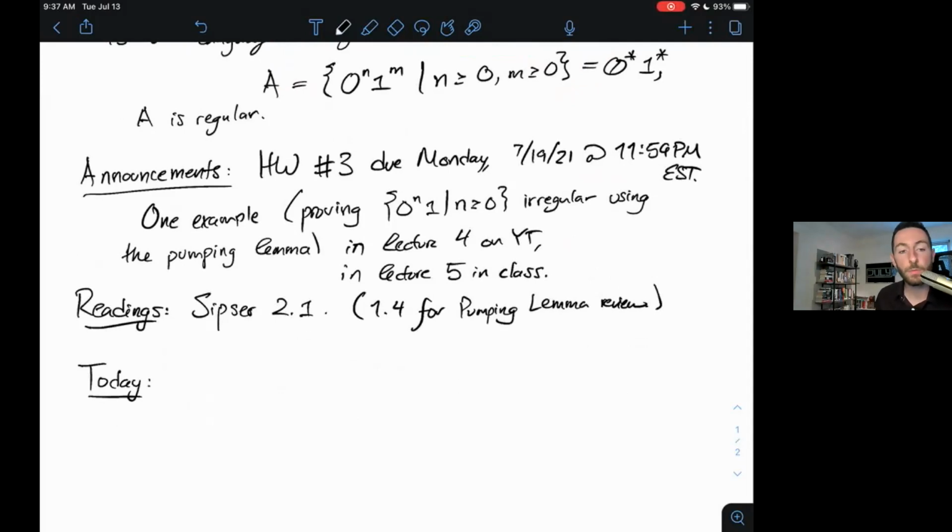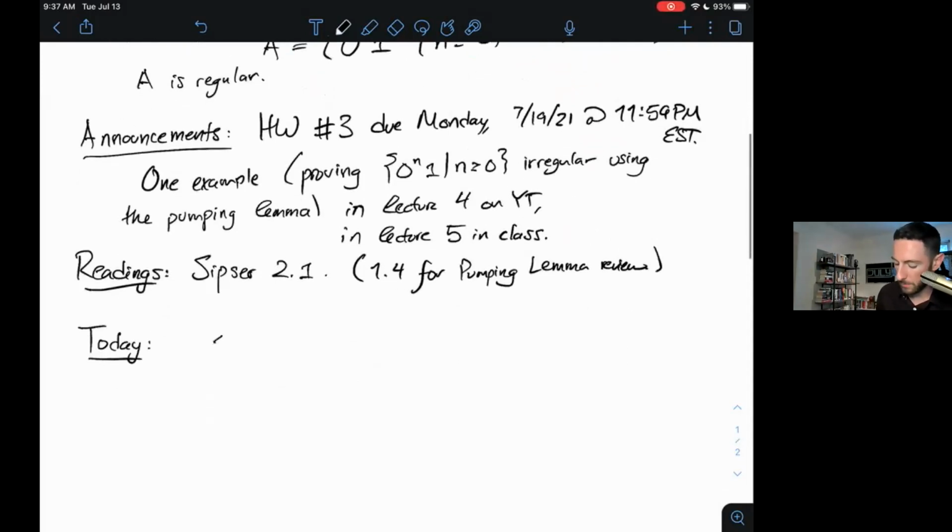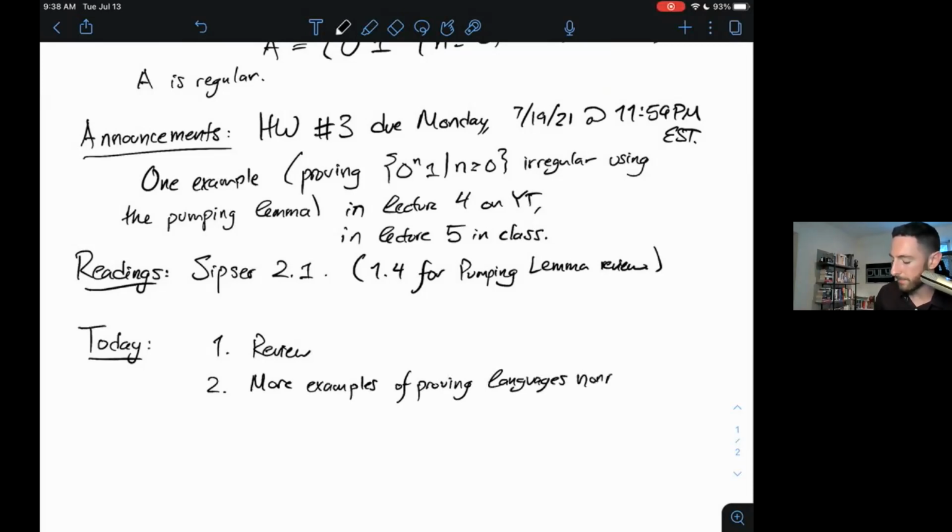And today our agenda will look like the following. We'll start with review. As always, we'll do more examples of proving languages non-regular.